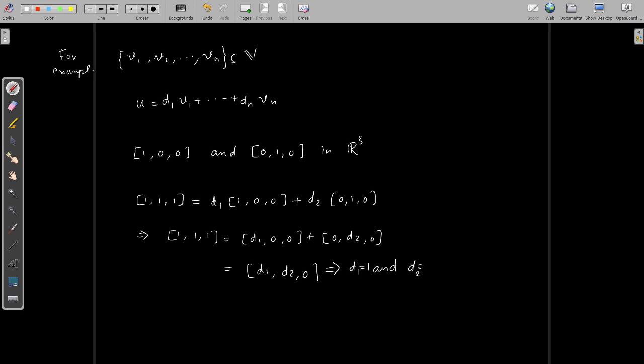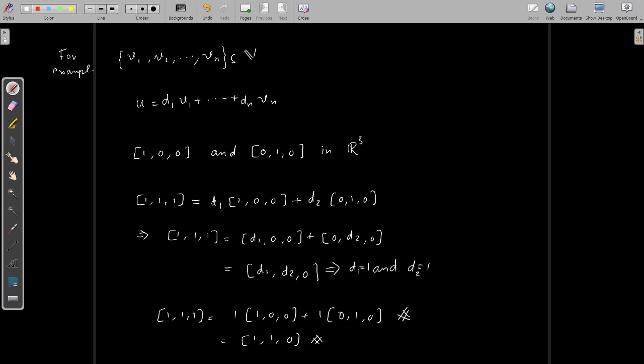When you substitute this, you get 1 1 1 equal to 1 times 1 0 0 plus 1 times 0 1 0. But this is a contradiction, because when you add these two vectors, you get 1 1 0. The last component is always 0 if we add these two vectors. So this is not equal to 1 1 1.